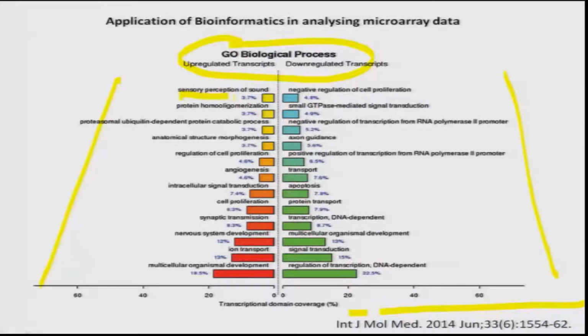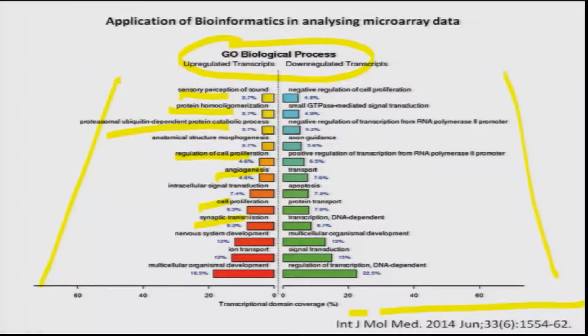Sensory perception. 3.7% of the genes whose expression level came down are involved in sensory perception like touch or smell, whatever. Protein oligomerization, proteasomal ubiquitin dependent protein catabolic process. These are genes whose proteins are involved in proteolytic process. Regulation of cell proliferation, controlling cell division, angiogenesis meaning blood vessel formation, cell proliferation, synaptic transmission.